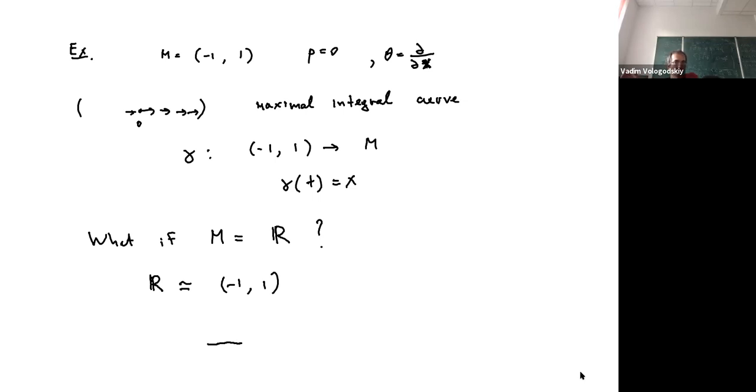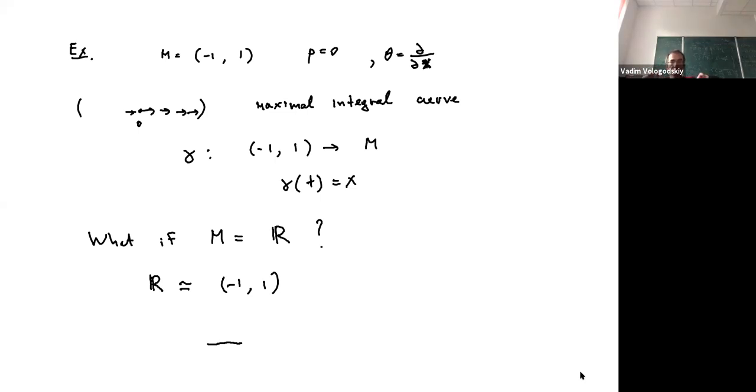It never stops. It always goes somehow around the Earth. But as we are going to see, the key property of the sphere that is used here is compactness.